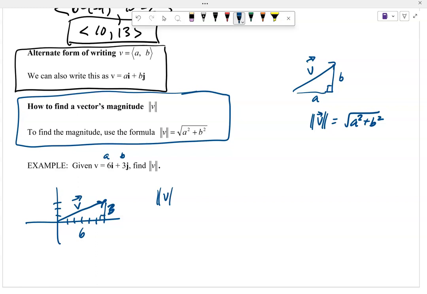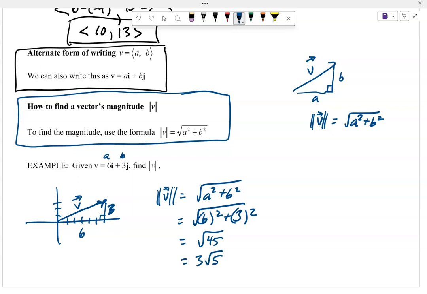So the magnitude is the square root of a squared plus b squared. 36 plus 9, what's that? 45. 9 times 5, square root of 9 is 3. The length of this vector v is like 6 point something units. That's the length of vector v, the magnitude of vector v.